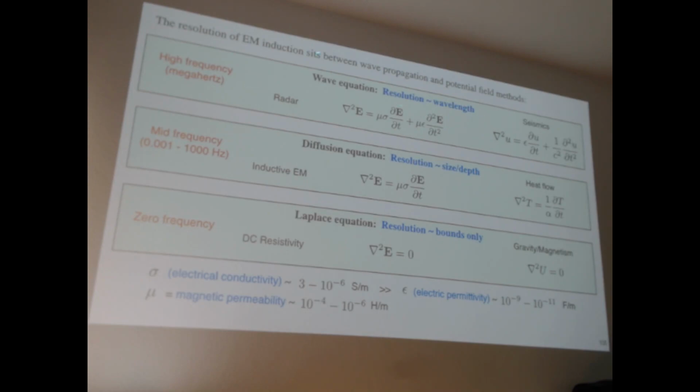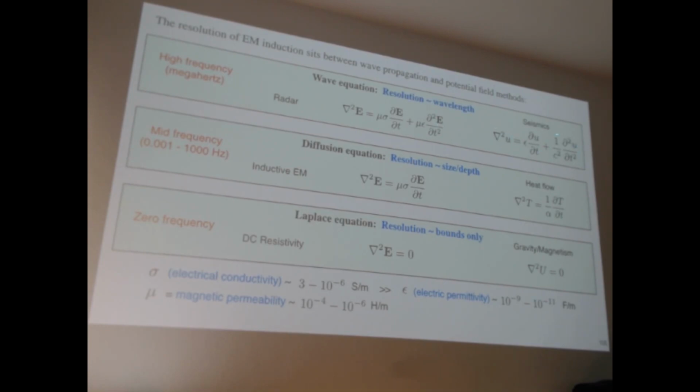Up here we've got the wave equation, which is what Maxwell created for wave propagation in a vacuum. And if we have ground penetrating radar, the frequencies are high enough that this second derivative term here is significant. And so this is the radar equation where I've got the diffusion equation plus the displacement current term here.